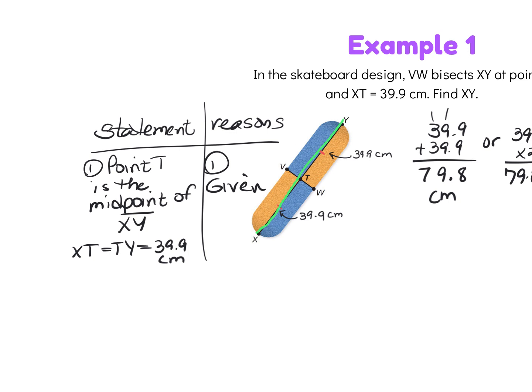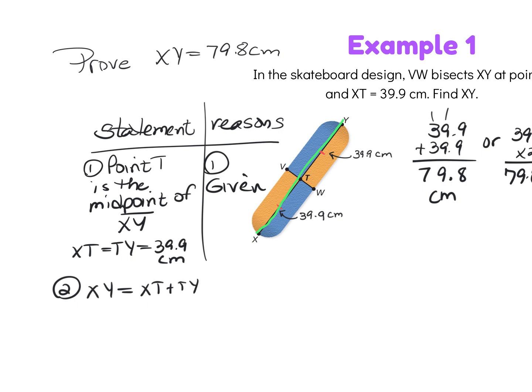What they want me to try to prove, and they'll give you a proof statement, is to prove that XY equals 79.8 centimeters. So then I'm going to use that midpoint information, and I'm going to state that XY is equal to XT plus TY.